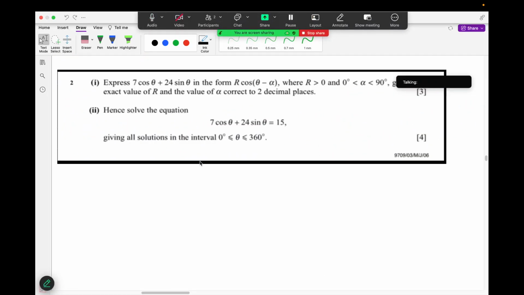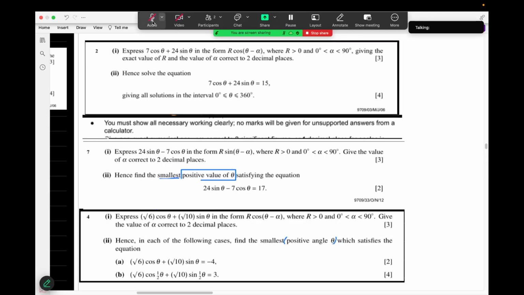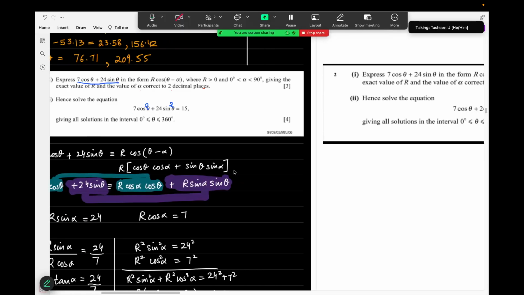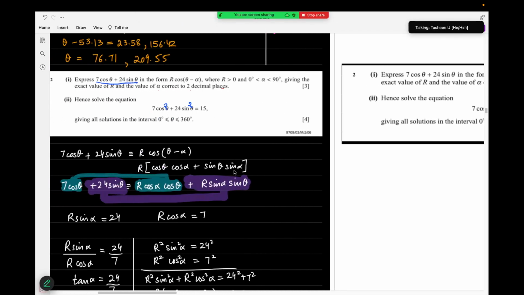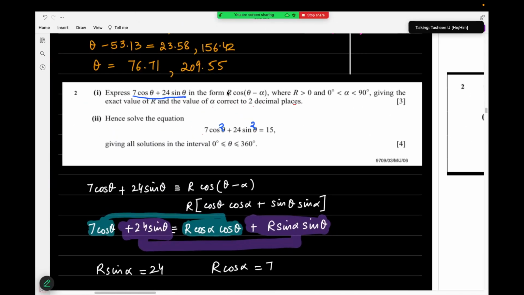Okay, if you have understood everything, this is the question that you'll have to solve. In the first part of the question they have asked to express this thing in the form r cos.